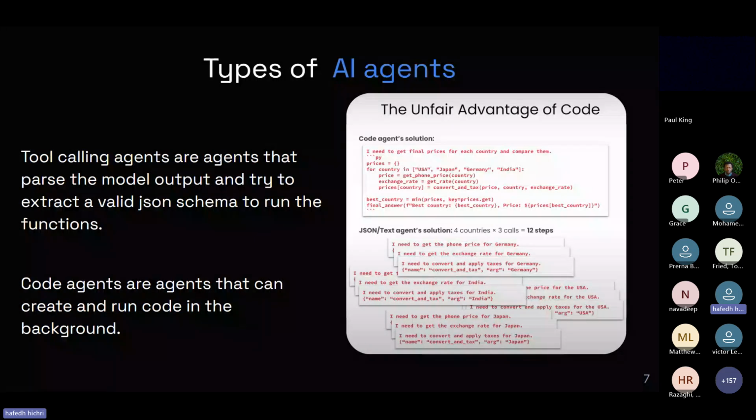So in here, I highly recommend that you use code agents as much as possible. This is generally speaking, and there have been some research papers that talked about this, and they mentioned that code agents perform way better than tool calling agents.